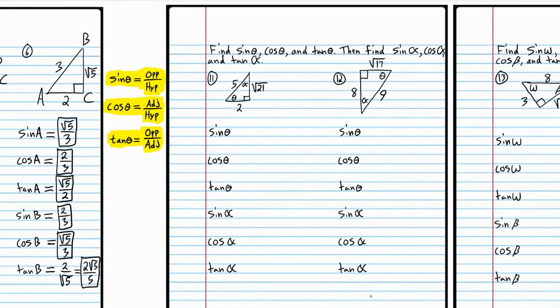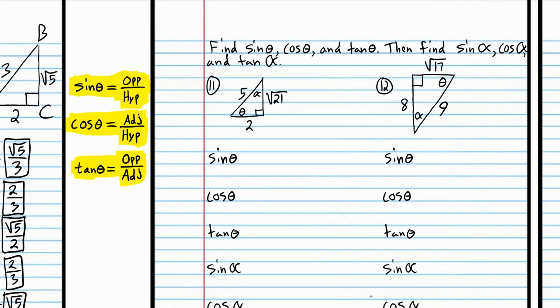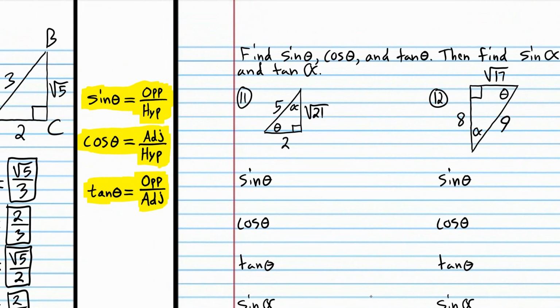So notice that in the previous problems we labeled the vertices, for example, A, B, C. We were labeling the vertices of the triangle and we named the angles after those vertices. But sometimes you don't do that. Sometimes you actually give a letter that represents the actual measure of the angle.